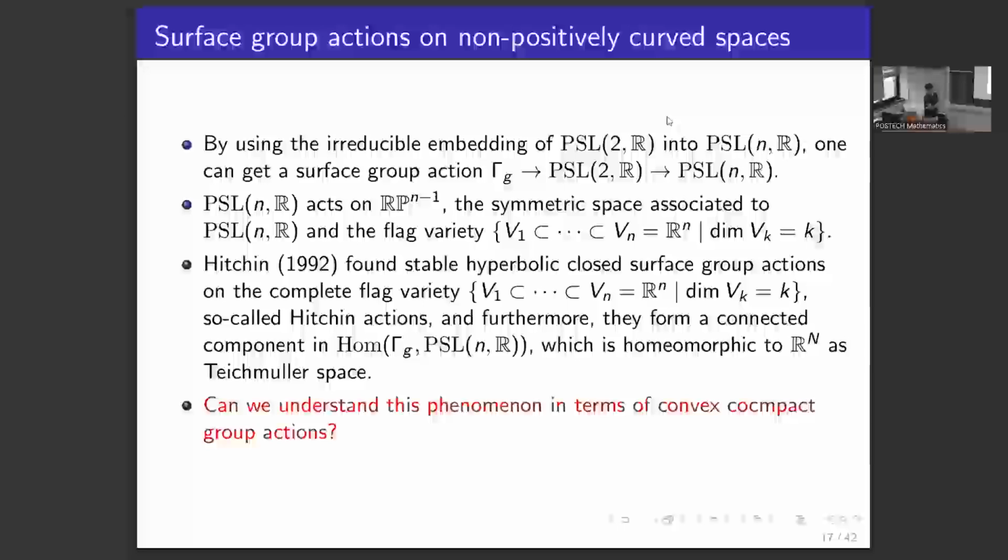So these spaces are not hyperbolic spaces, and they do not have hyperbolicity. Actually, the symmetric space associated to PSL-NR is a Kähler space. Okay, so totally, depending on having zero sectional curvature or not is very different.